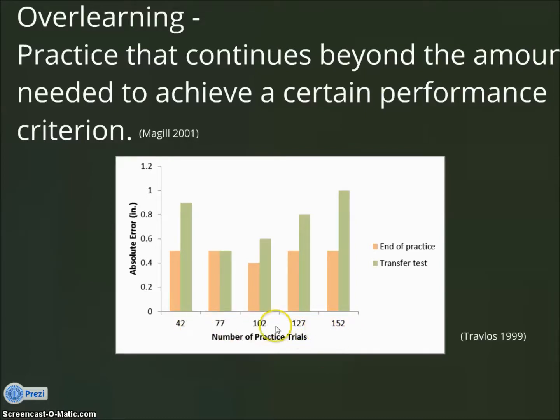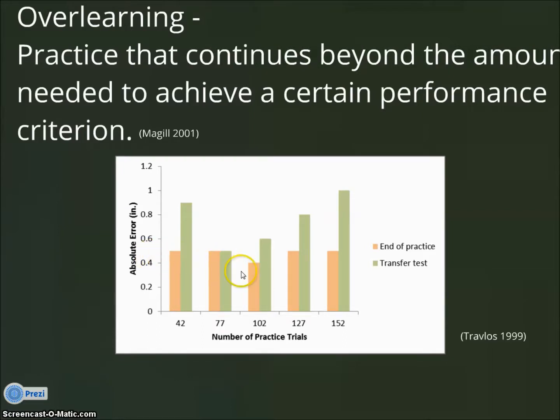So we're looking at overlearning here, and there are some interesting things that we can get from this data. If we look at how well the performers were able to draw a line that was 7 centimetres in length, we can see they got pretty good after 42 practice goes. A different group of participants after 77 goes were no better or worse than someone that had 42 goes.